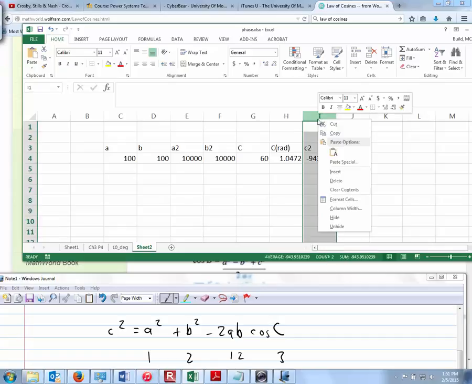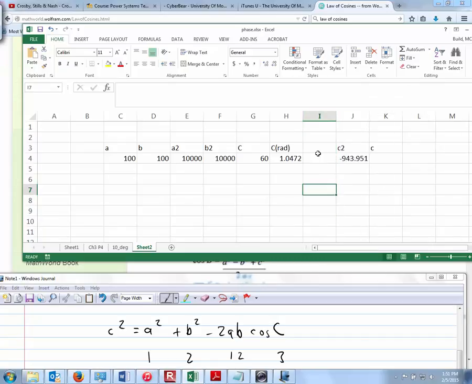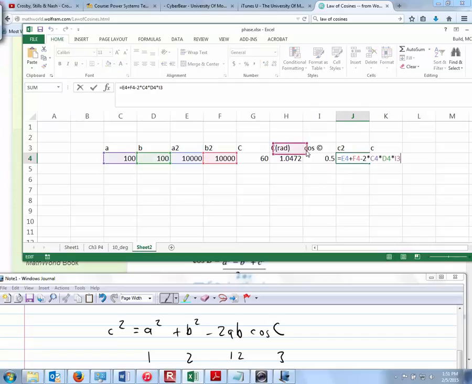I'm going to put one more column in. Insert cos of C equals cosine of C in radians. Then I'm going to take this guy. Instead of that, I'm going to do this.